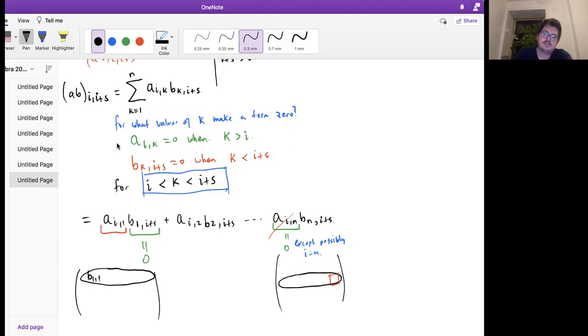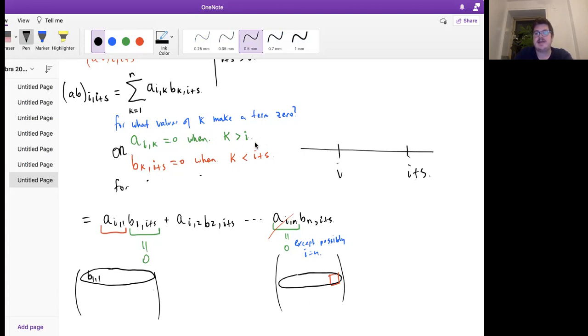This is an or statement, not an and statement. So think about i and i plus s. This is saying that when k is greater than i, this thing is 0.